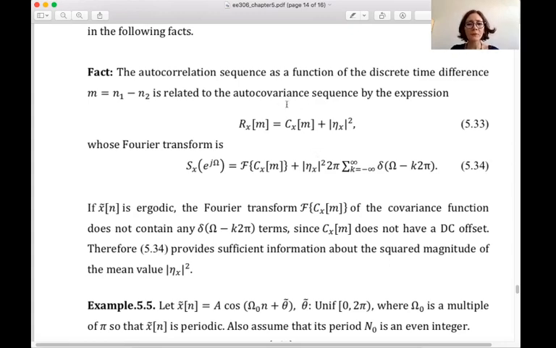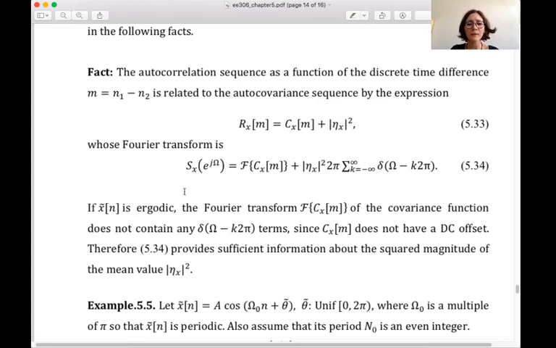Now, since this function Cx of m does not have a DC offset, when you look at the Fourier transform of Cx of m, you won't observe any impulse at omega equals 0. So this first term will not contain any impulses at the particular frequency 0 in the DTFT domain. What this means is very similar to the continuous time case.